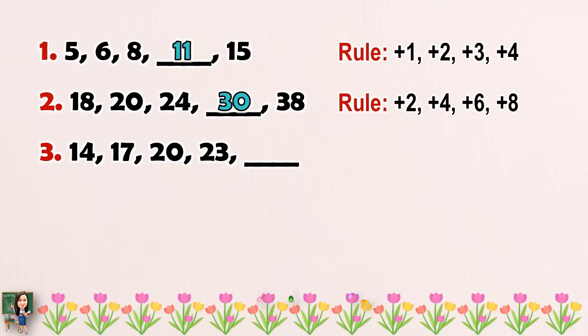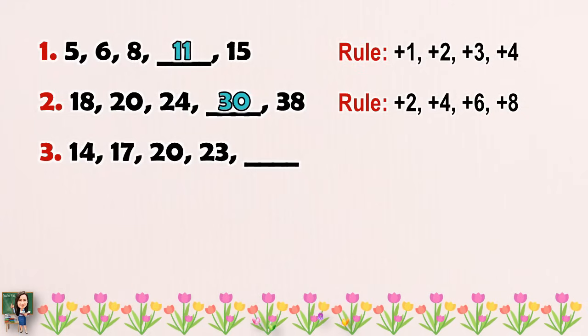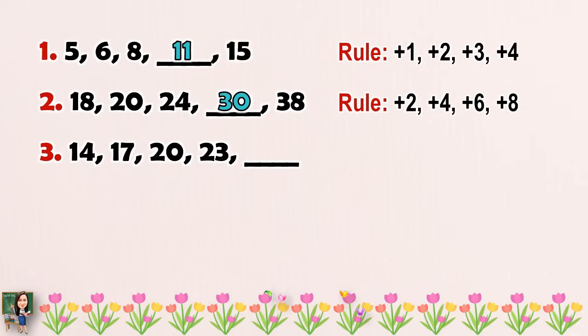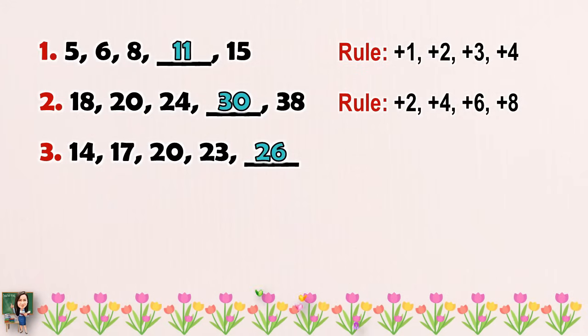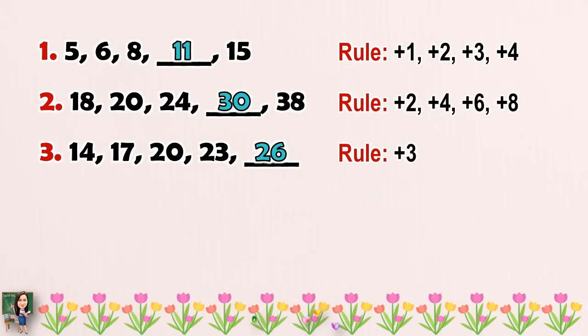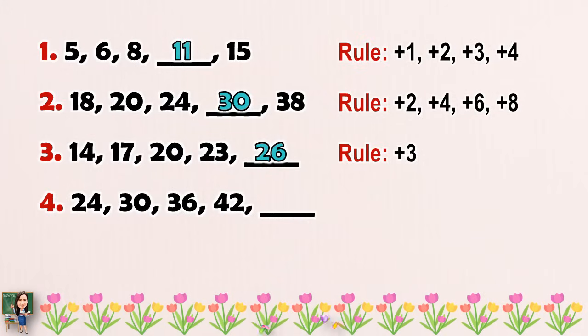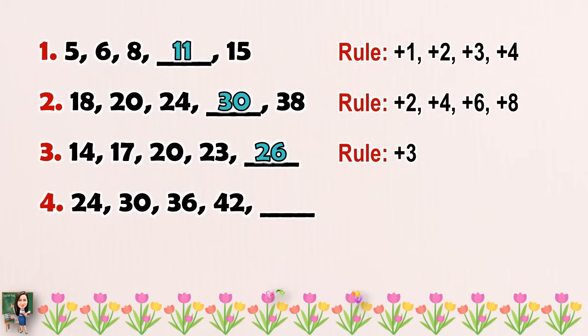Number 3, 14, 17, 20, 23, blank. What is the missing term? Very good. The missing term is 26. And the rule is plus 3. Number 4, 24, 30, 36, 42, blank.